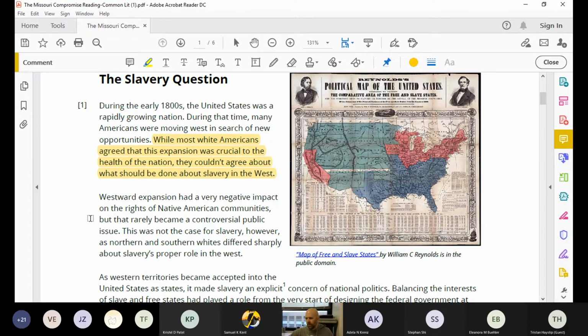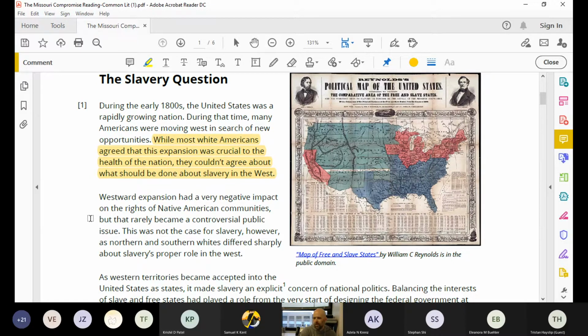The fear is that the pro-slavery faction or the anti-slavery faction will gain that advantage and use that power to create legislation that could have a long-term impact on slavery.